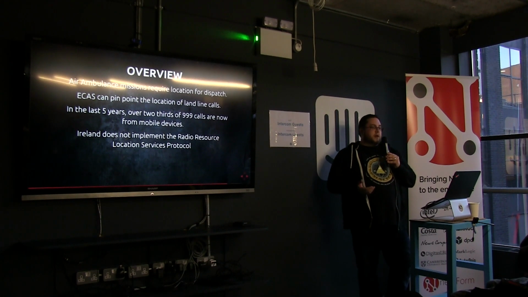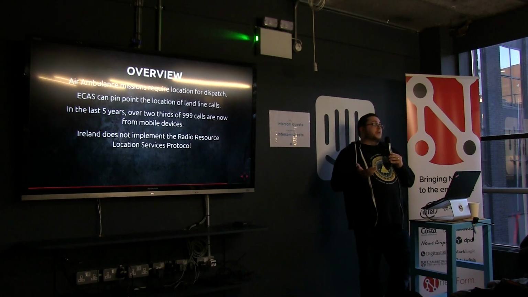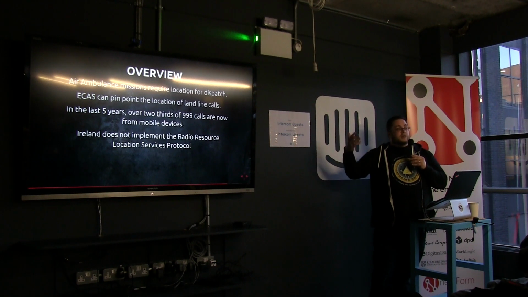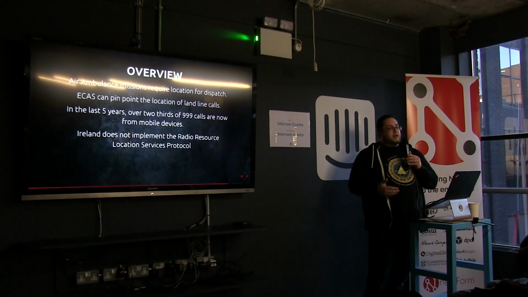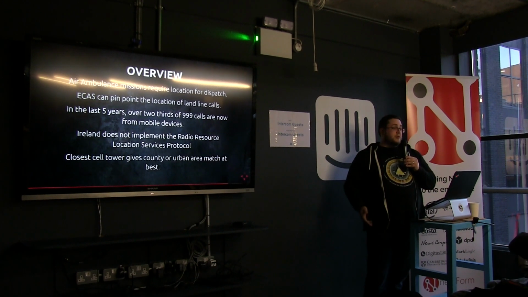That's used in America where they can turn on the GPS chip in the phone and get the location of the phone without the owner having to do anything. We don't actually have that protocol or technology here. So unless they actually tell you where they are, you won't know where they are. The closest cell tower is about the best you can do.